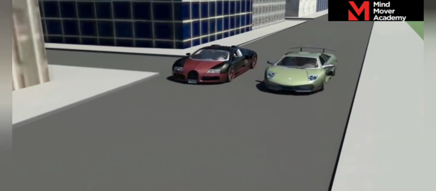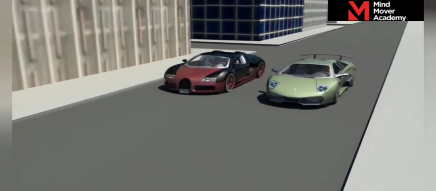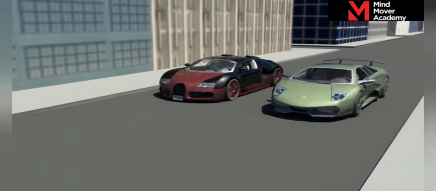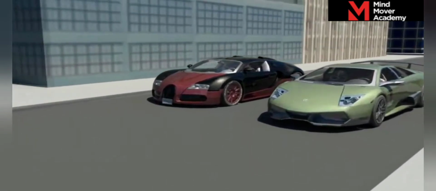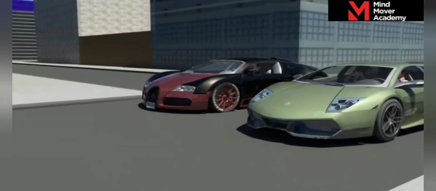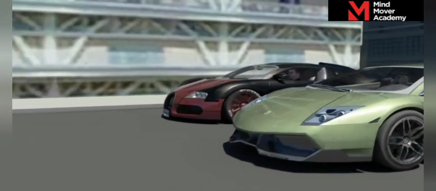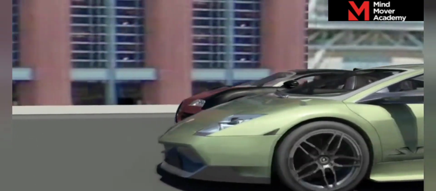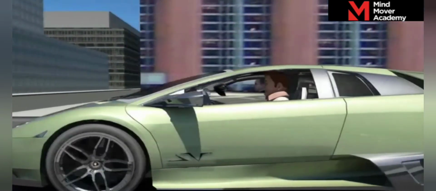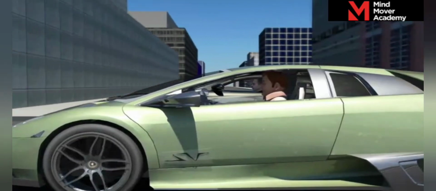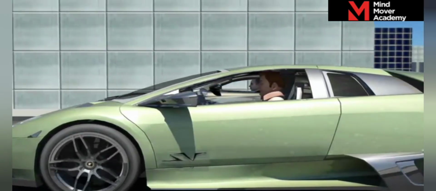Now let us take another scenario. In this case, both the cars are moving with the same speed with respect to the ground. Then, to the person sitting in the first car, the second car will not be moving at all. That is, relative to the person sitting in the first car, the second car will not be moving.